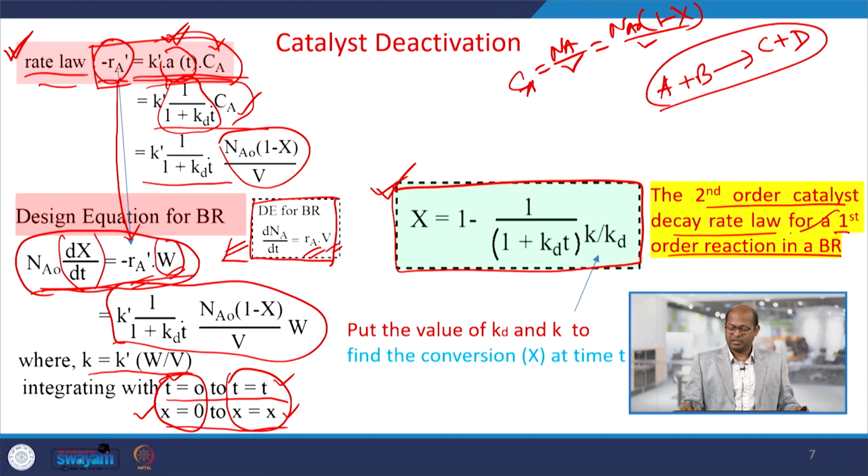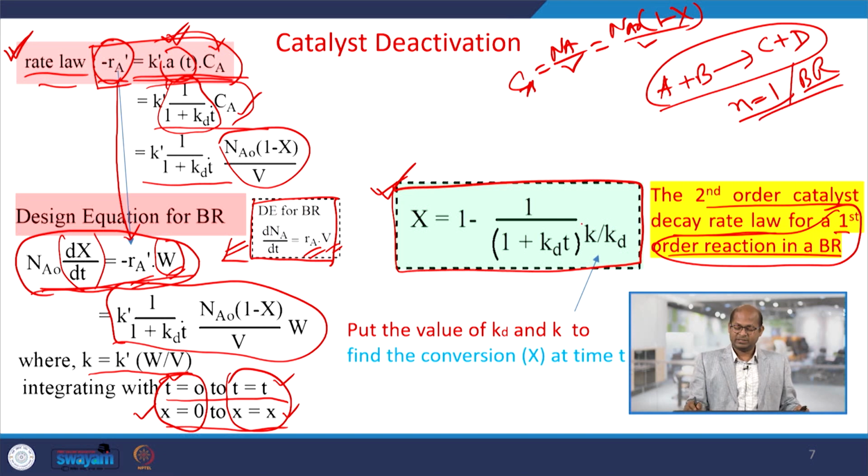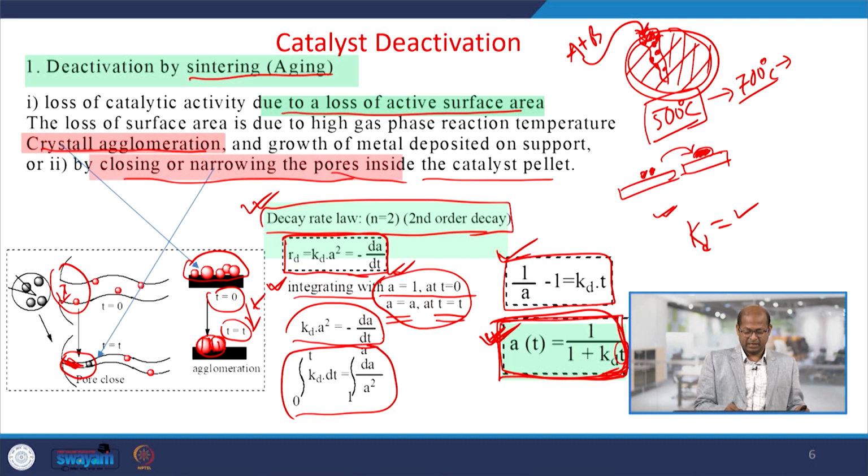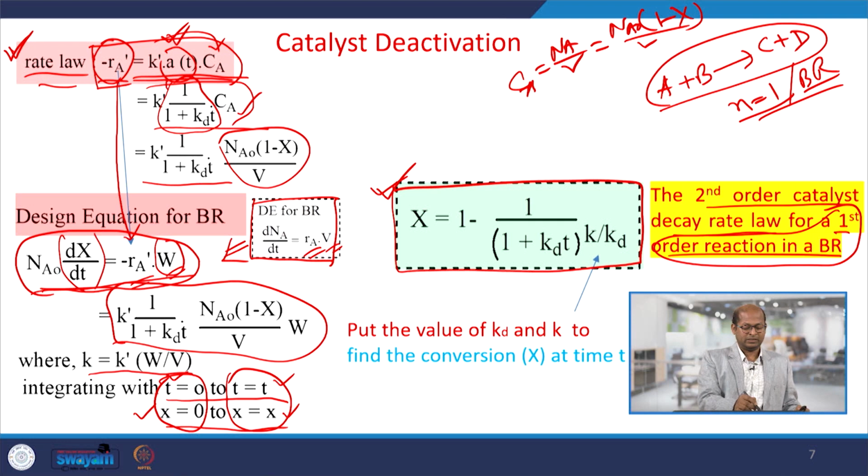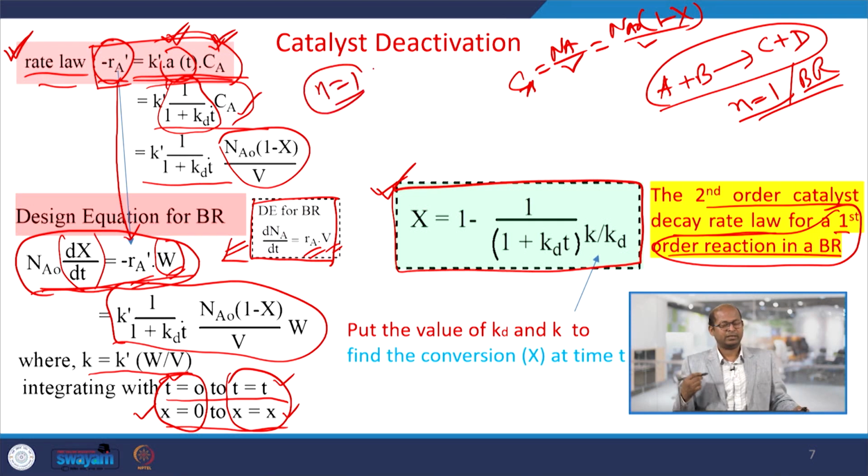We have considered a first order reaction, n equals 1, in a batch reactor, but the catalyst deactivation is second order. For the decay rate law, the catalyst deactivates in second order, and the reaction is first order, so n equals 1, and that reaction was conducted in a batch reactor. So that way we are expressing.